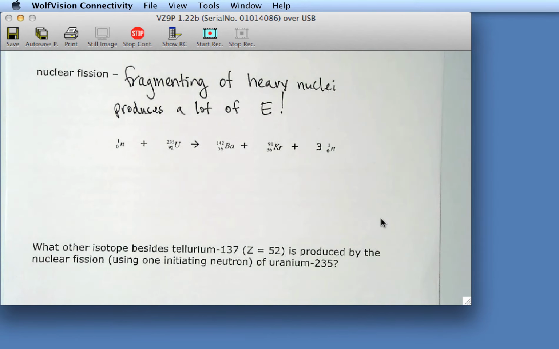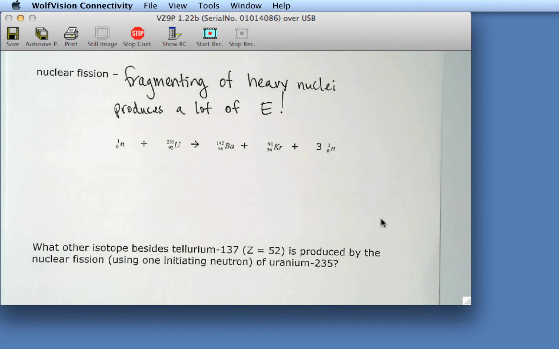What's going on here is a chain reaction. So you might have heard this chain reaction in movies, maybe even a new movie. But you have a neutron that's smashed into a heavy nucleus, like uranium-235, and then this heavy nucleus breaks apart into other nuclei.